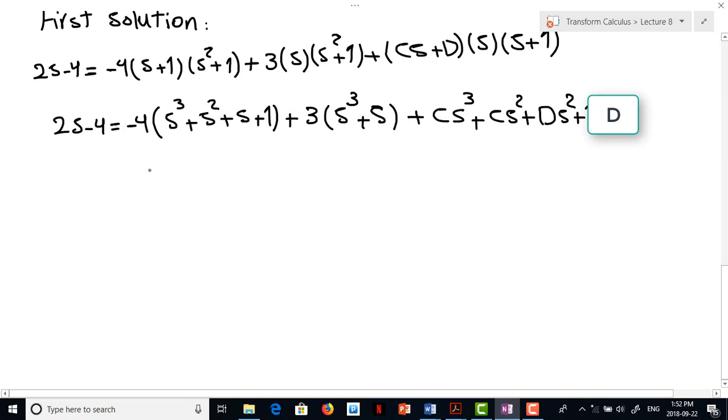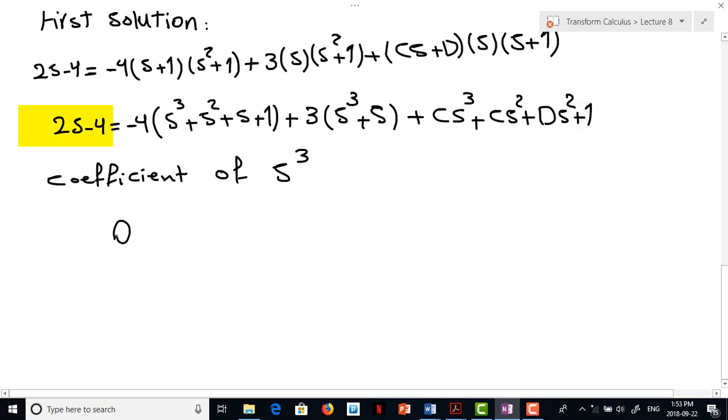Now I look at coefficients of s cubed in the right hand side and left hand side of the equation. Why? Because these two equations are equal. As a result, the coefficient of s cubed in the right hand side should be equal to the coefficient of s cubed in the left hand side. What's the coefficient of s cubed in the left hand side of the equation?